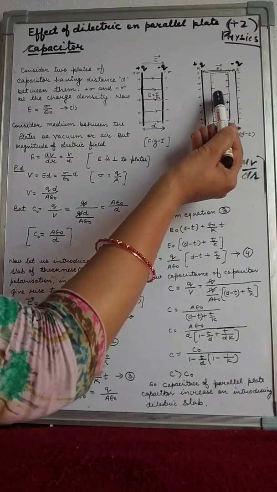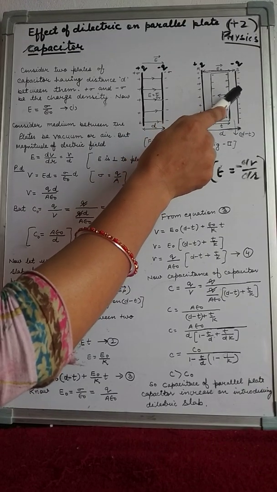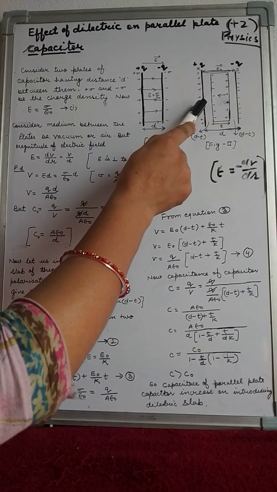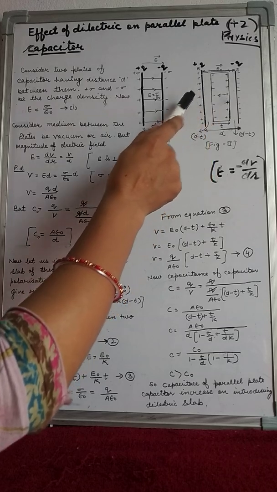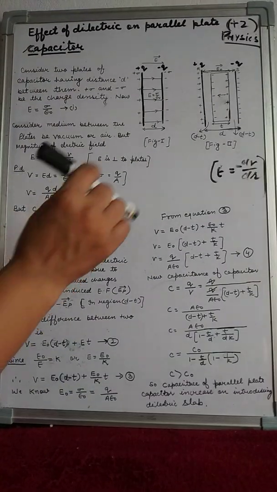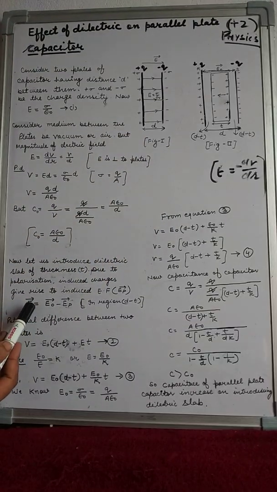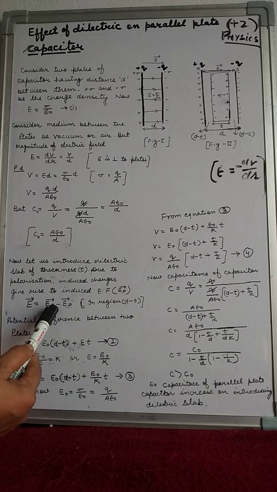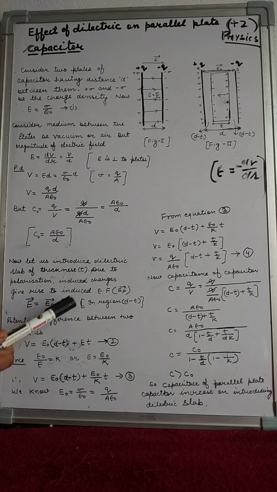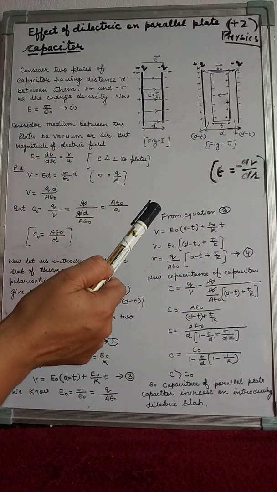When we introduce this dielectric slab, the total value of the electric field will be reduced. The reduced value is E equals E naught minus E P, where E naught is the applied electric field and E P is the induced field in the opposite direction.